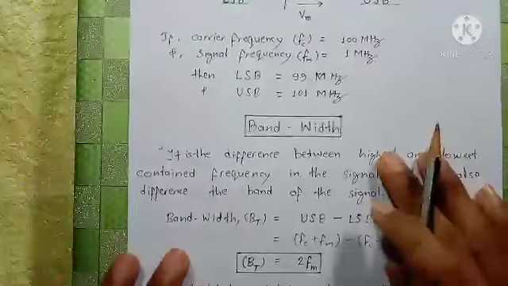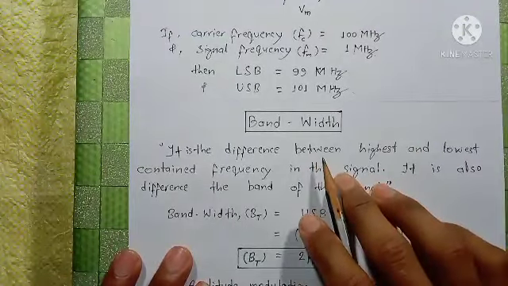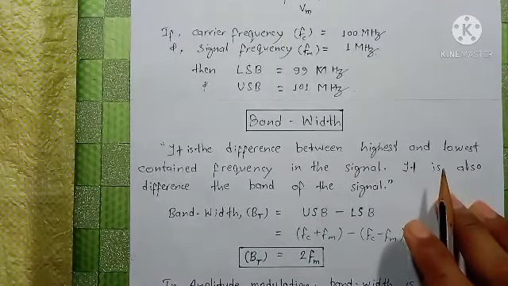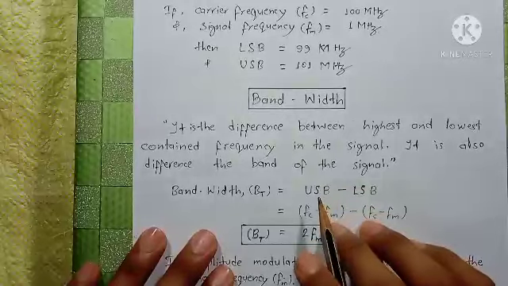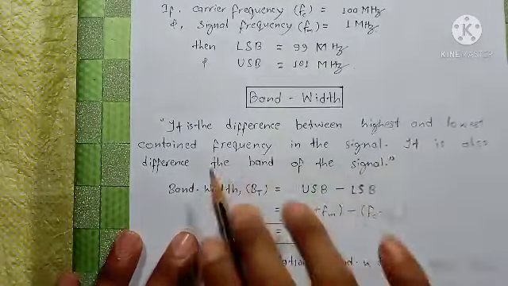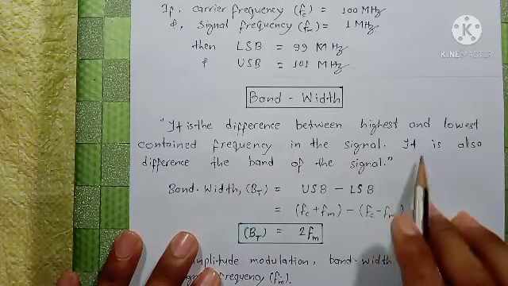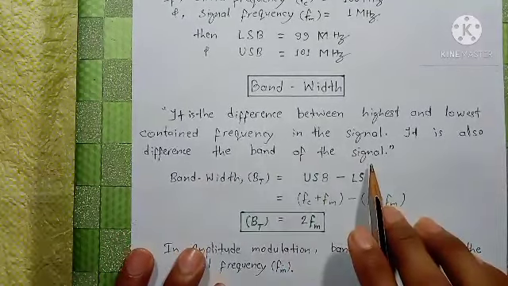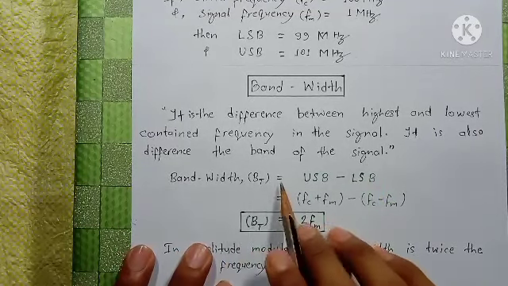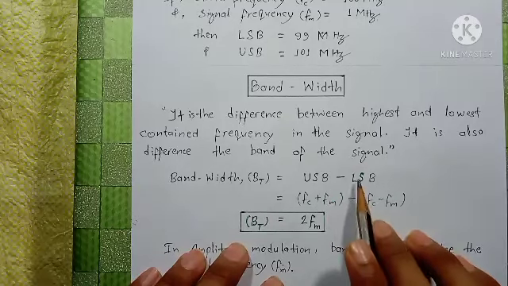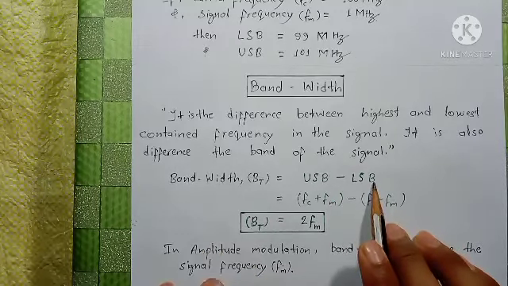And this is our bandwidth of the AM wave. It is the difference between highest and lowest frequency in the signal, that is, the band of the signal. So the bandwidth BT is equal to the difference between upper sideband frequency and lower sideband frequency.